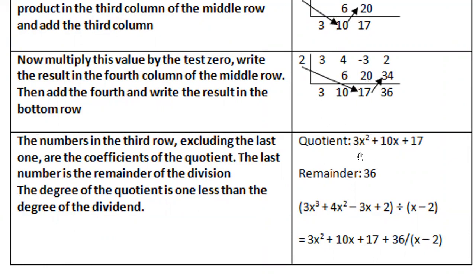It becomes 3x squared plus 10x plus 17, and we have a remainder of 36. So therefore, 3x cubed plus 4x squared minus 3x plus 2 divided by x minus 2 equals this quotient.